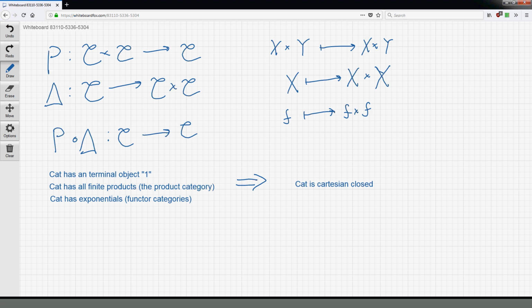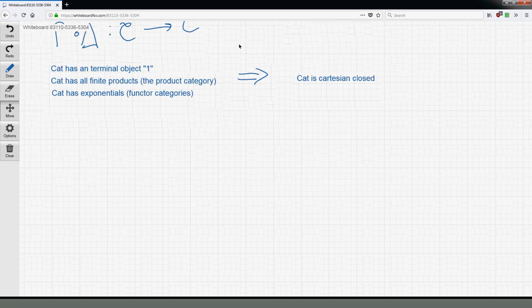Now, for a morphism between functors, what it sort of does is it preserves the mapping of the morphisms between the two categories. And I'm going to draw a diagram here to describe what I mean.